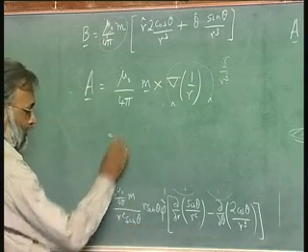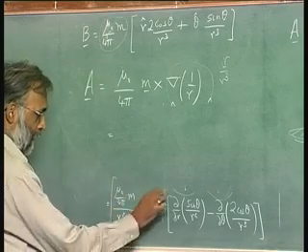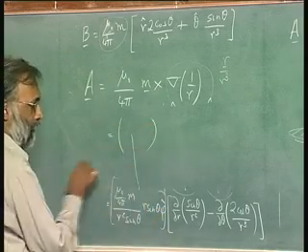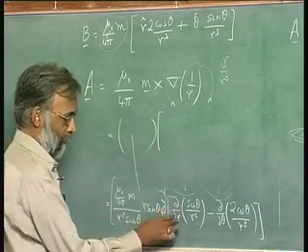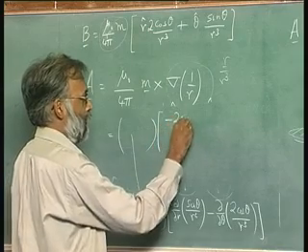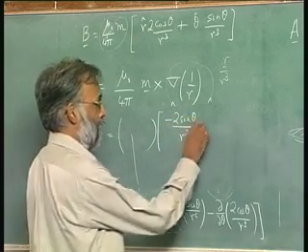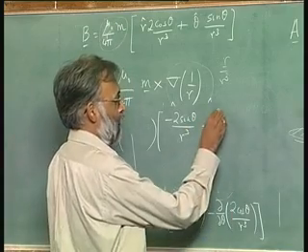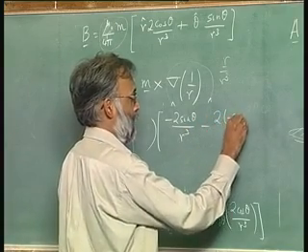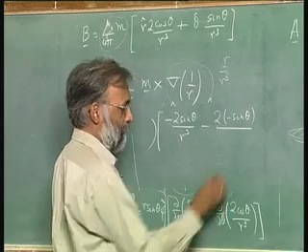So, it becomes this common factor times minus 2 sin theta over r cubed minus twice minus sin theta divided by r cubed.